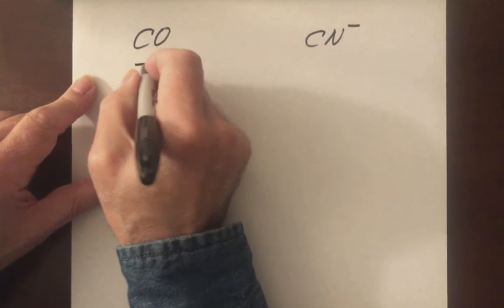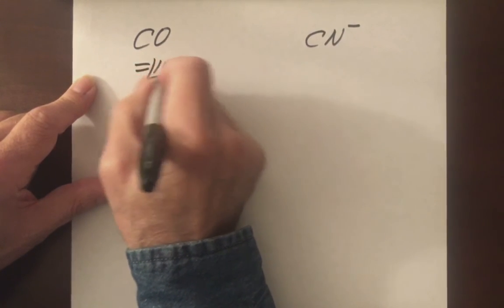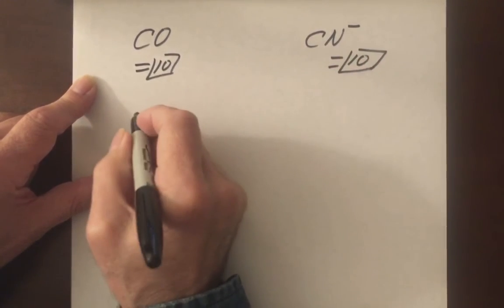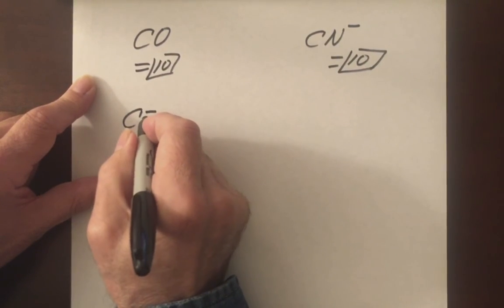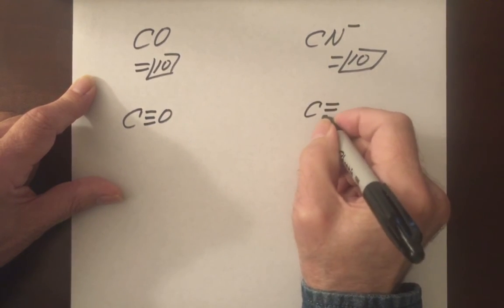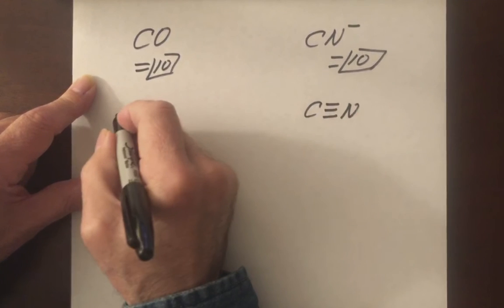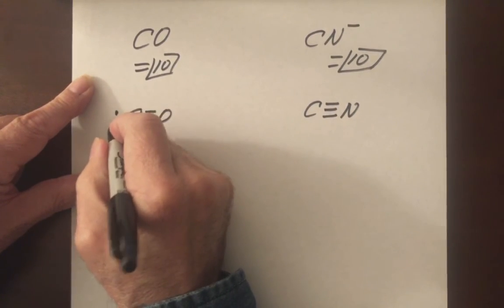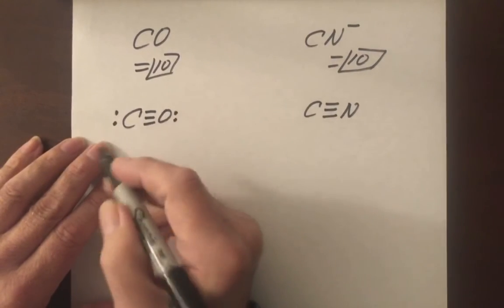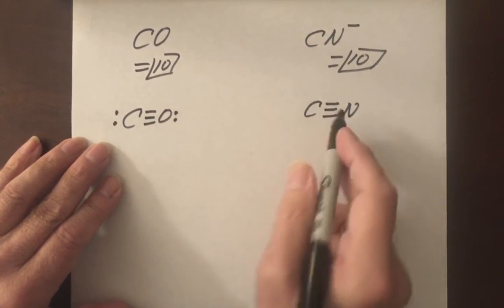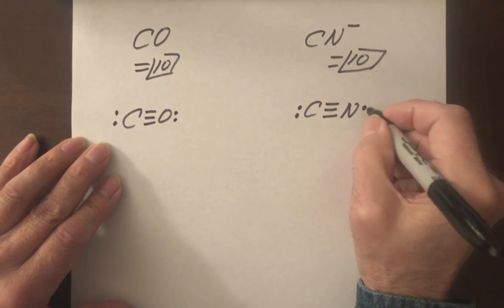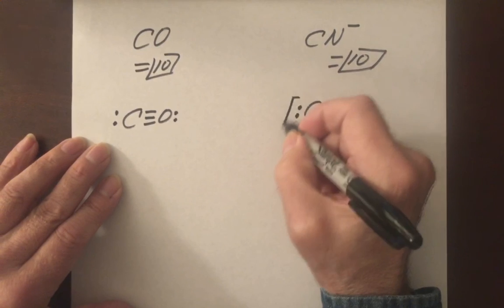They both have 10 electrons to build their Lewis structure, and they both have a triple bond between the atoms. Which means that the carbon needs to have a lone pair on it. So remember that carbon always will have 4 bonds except for these 2 exceptions. It's that lone pair that makes them so dangerous.